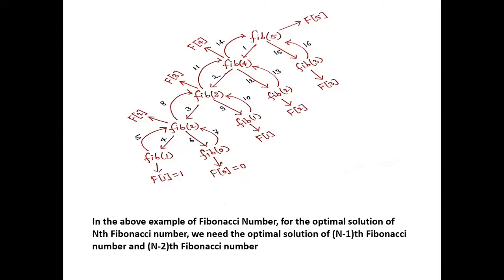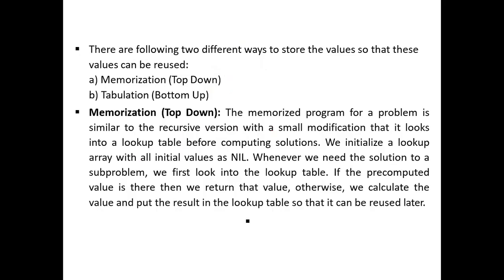And Fibonacci 3 is calculated on the basis of Fibonacci 2 and Fibonacci 1. And Fibonacci 2 is based on the result of Fibonacci 1 and Fibonacci 0. So they are all interlinked. If we get the result of Fibonacci 4 and Fibonacci 3, we automatically get the result of Fibonacci 2 and 1 included in Fibonacci 3. So that is called optimal substructure.